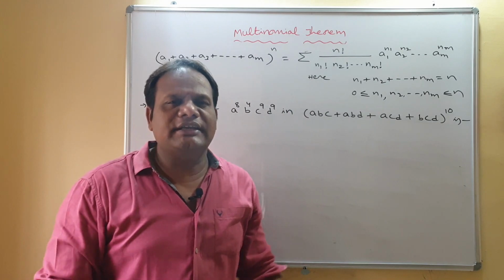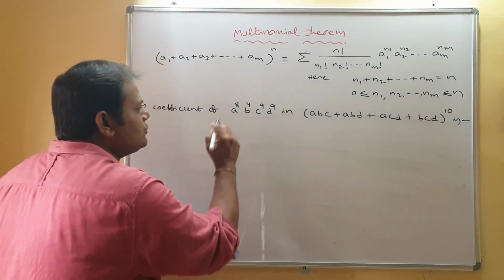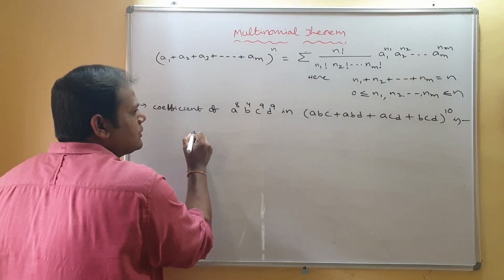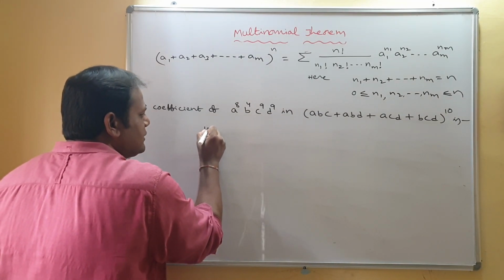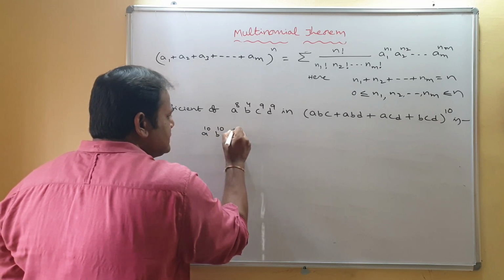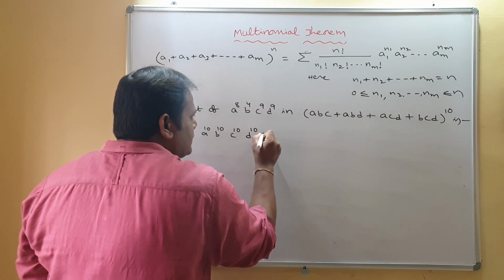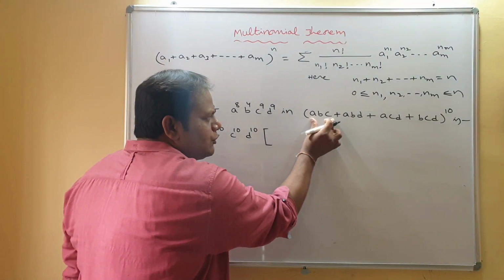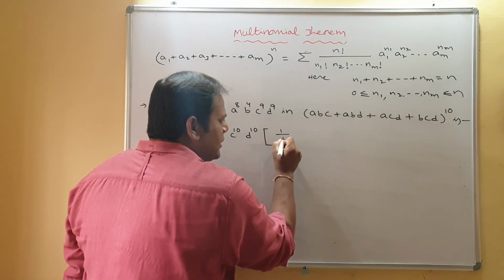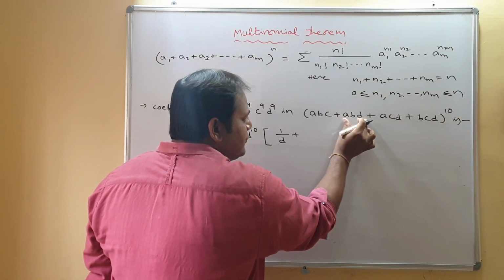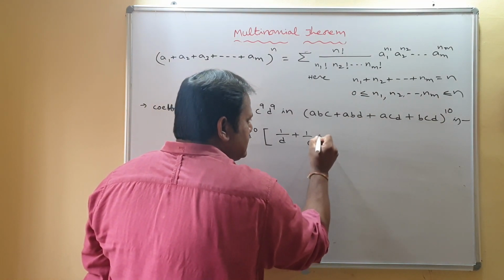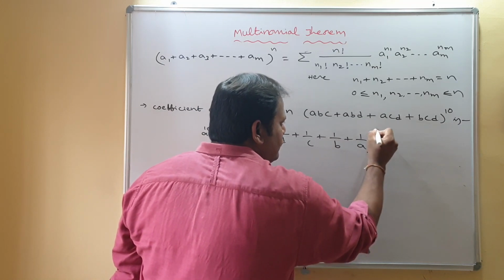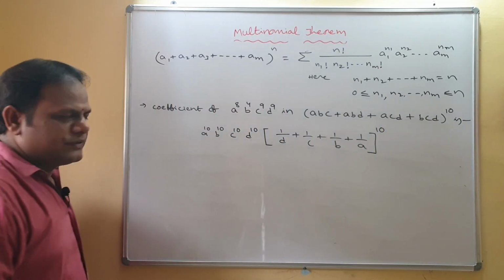If I take a, b, c, d as common, I get a power 10, b power 10, c power 10, d power 10 into, what is left is 1 by d, 1 by c, 1 by b, and 1 by a, whole power 10.